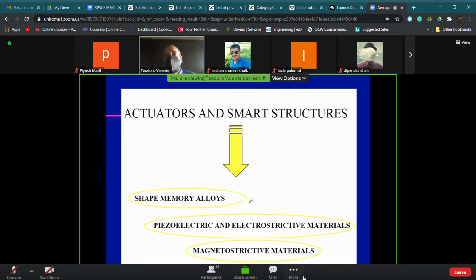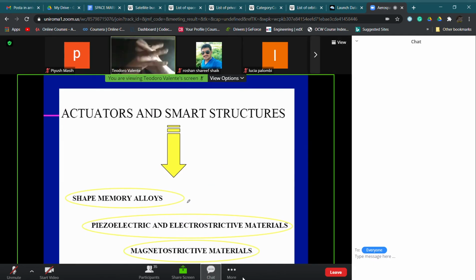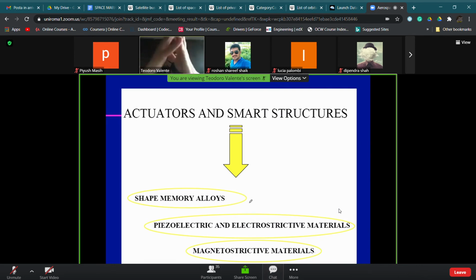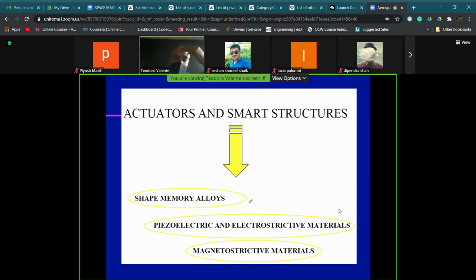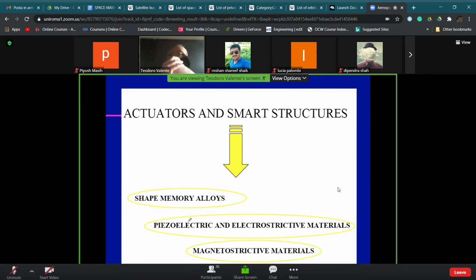We said at the beginning of this discussion last time that smart materials are a broad class of materials. One of these are the shape memory alloys, but not only, because we have piezoelectric materials, electrostatic materials, magnetostatic materials, etc.